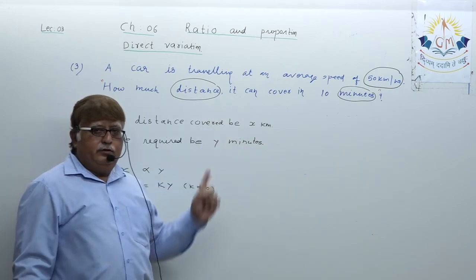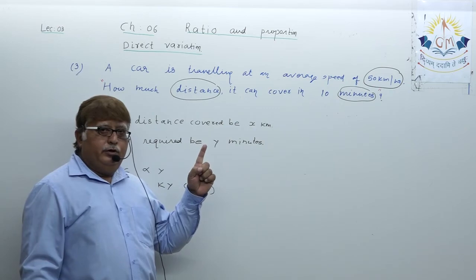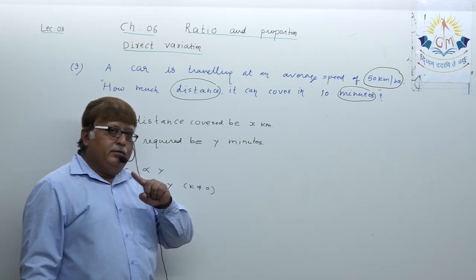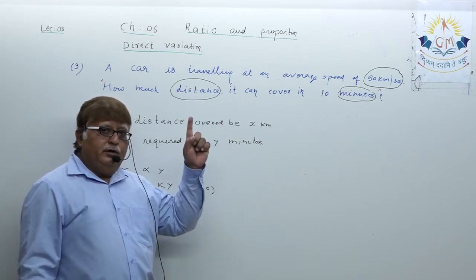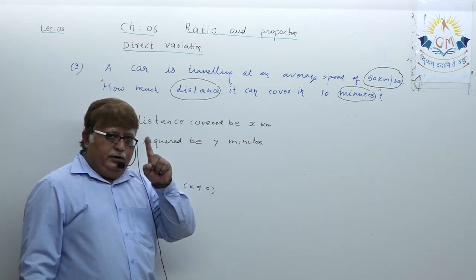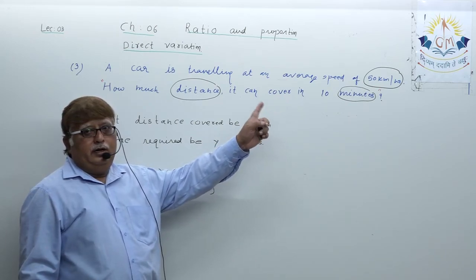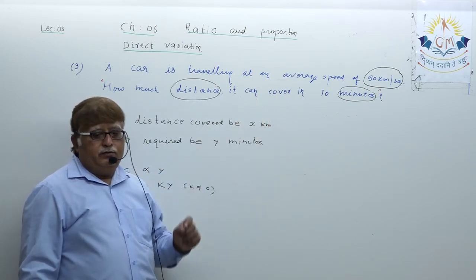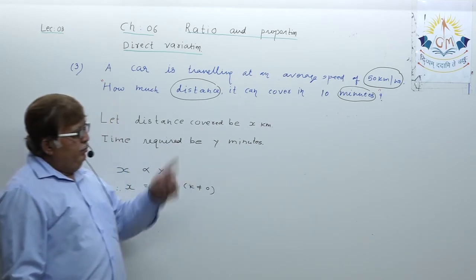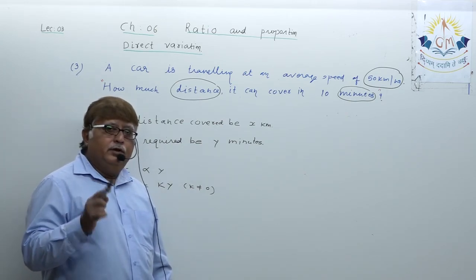The car is traveling at an average speed of 50 km per hour. That means the car will travel 50 km in 1 hour. Clear? 50 km per hour means the car is going to travel 50 kilometer in a time interval of 1 hour.